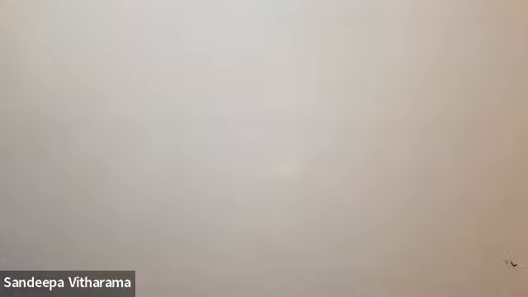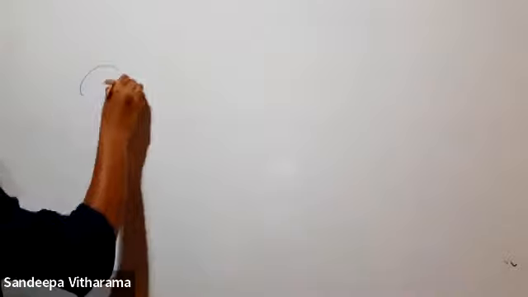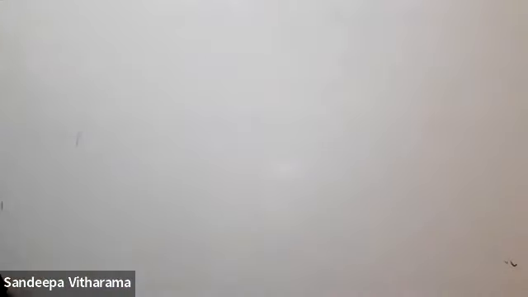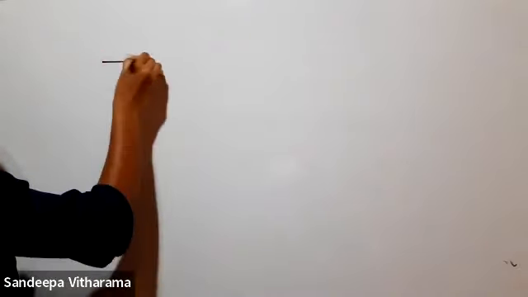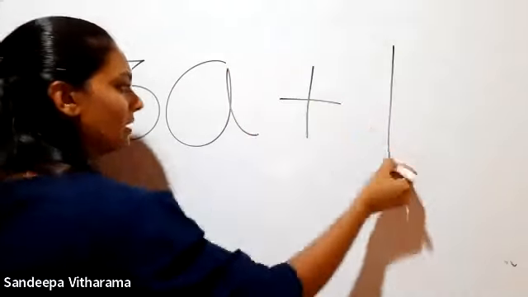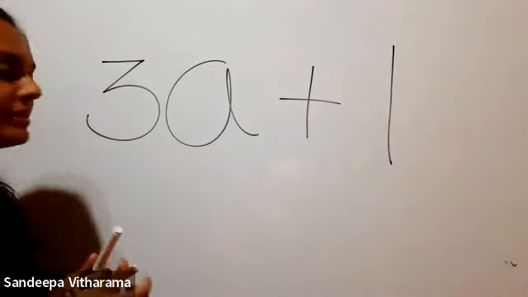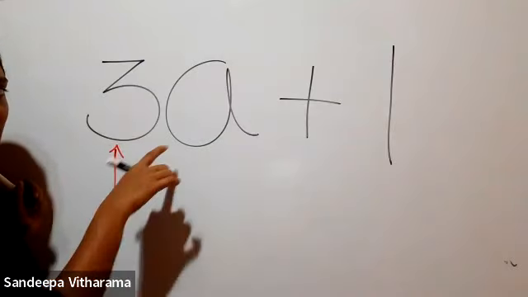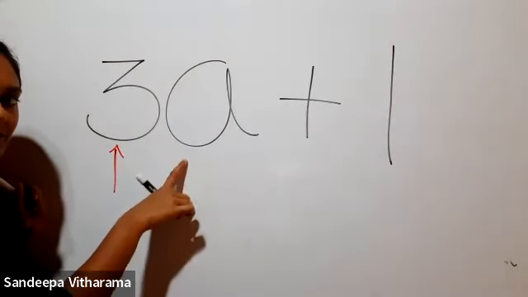Then let's identify the parts of an algebraic expression. You may think here it is 3a plus 1. Now you can see this number, the number which is written with the algebraic symbol.